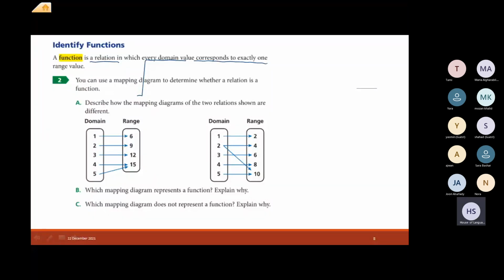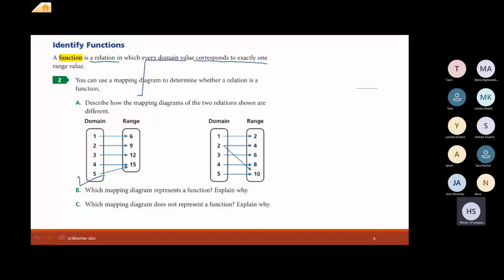If you look at me now: 1 with 6, 2 with 9, 3 with 12, 4 with 15, and 5 with 15. Is it a function or not? Many can be with 1, but 1 cannot be with many. So, it's a function.